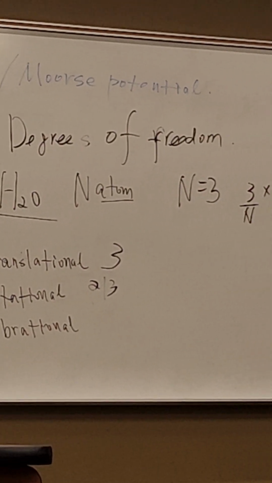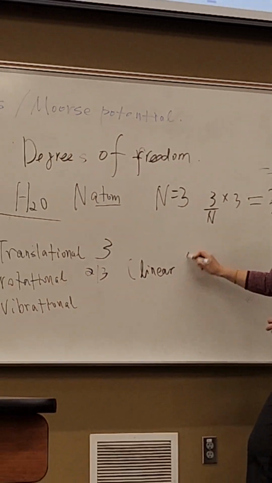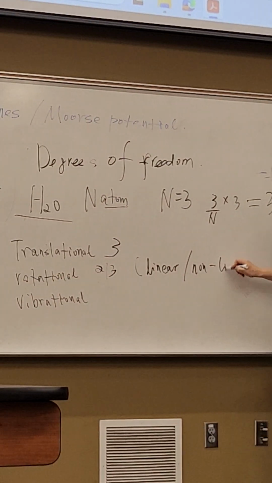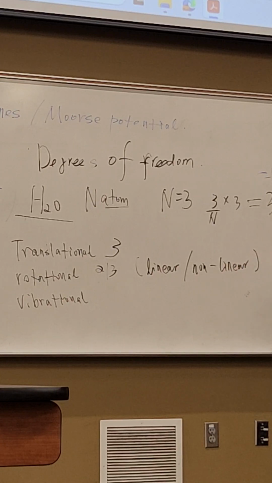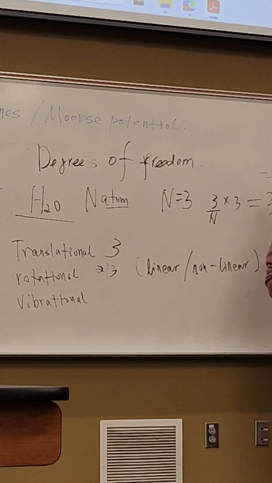So I have a total of 3N degrees of freedom: 3 for translational, either 2 or 3 for rotational. How many remain for vibrational motion?